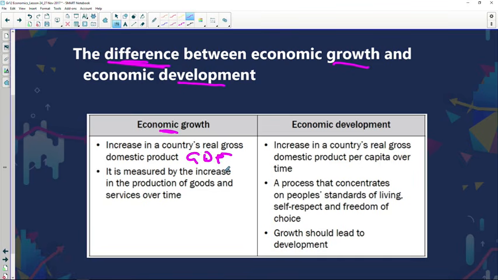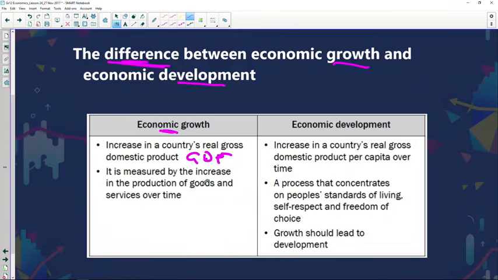In order for us to get this increase in the GDP, there must be an increase in the capacity of the economy, meaning that there should be more economic activity happening so that we are producing more as a country, we are exporting more as a country in order to grow our economy. So GDP is linked to economic growth based on the economic activity that has been happening in the country.